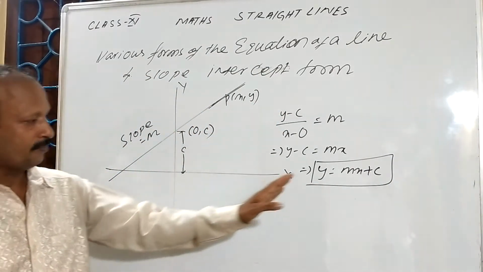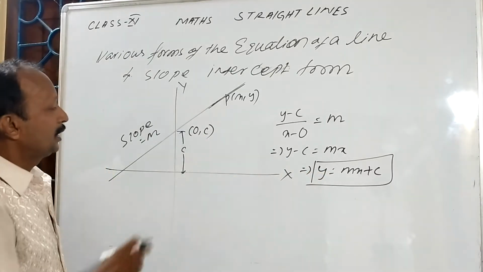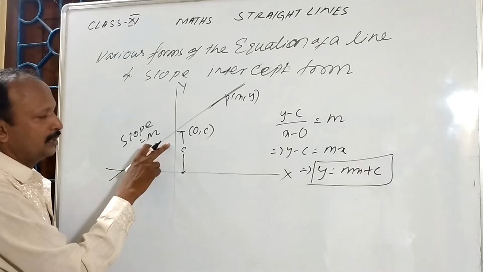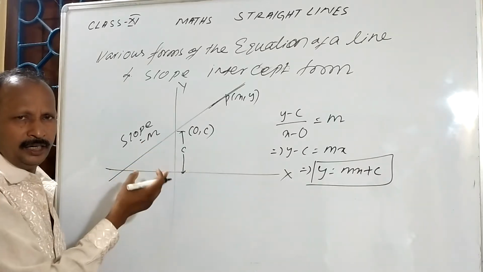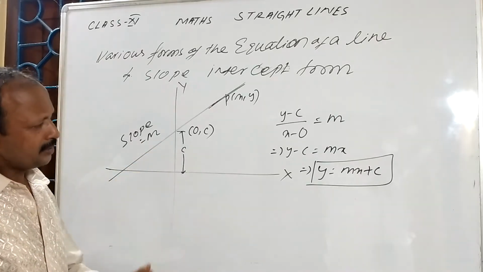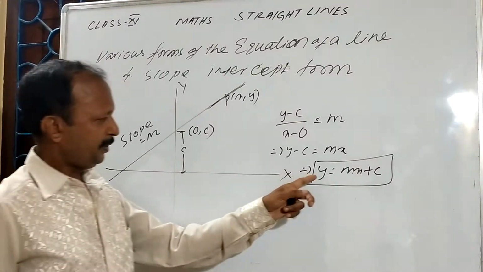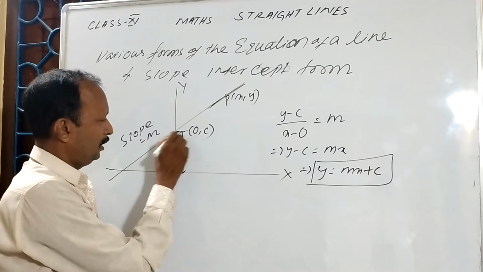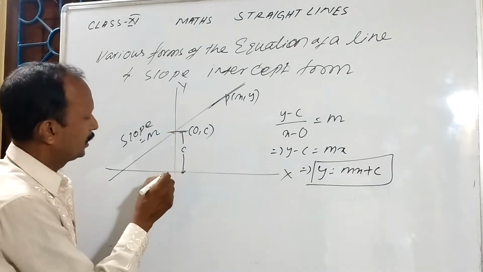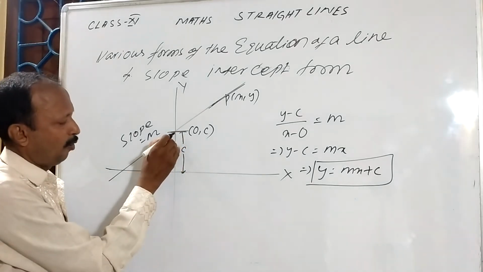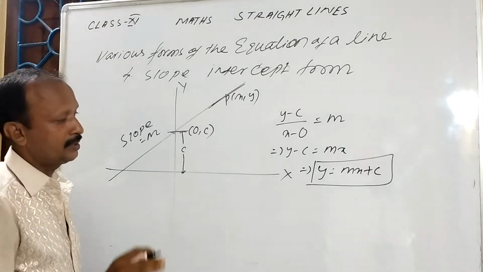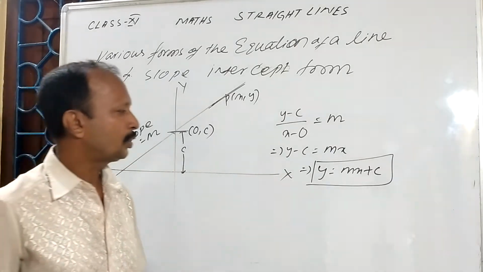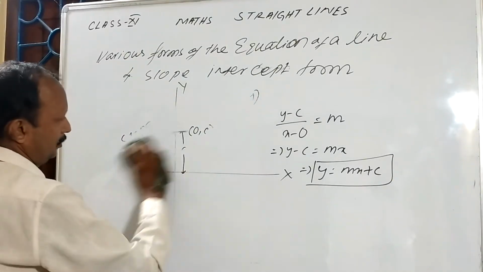This is the slope intercept form. The intercept, this line may intersect the y-axis, it may intersect the x-axis. So if it intersects the y-axis at the point C, means C is the distance of this point from the origin, then the equation of the line will be y equal to mx plus c.